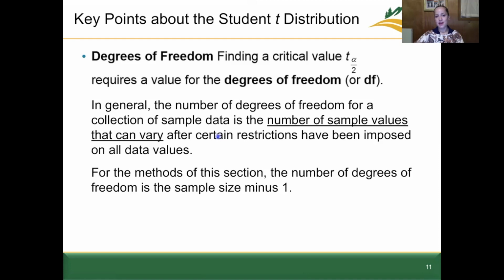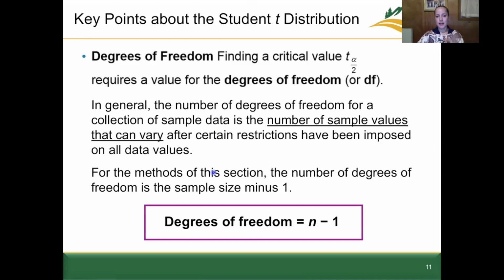What does this mean for us now? In the methods used in 7.2, we will calculate the number of degrees of freedom as the sample size minus 1. In other words, degrees of freedom, or df, is equal to n minus 1. And again, keep in mind we need to apply this degrees of freedom in order to find our critical value here within this realm of student t-distributions.